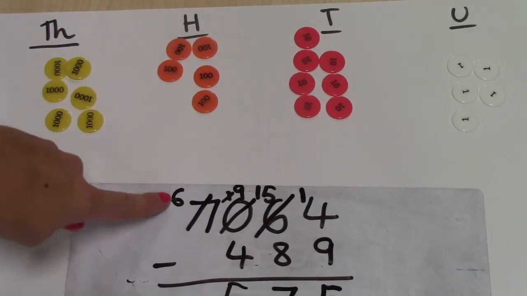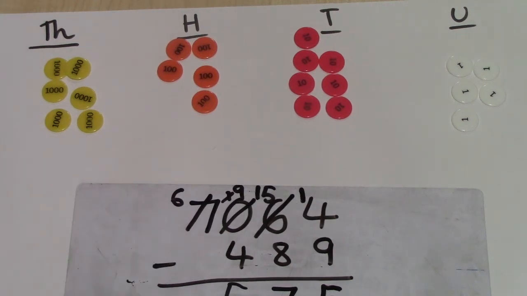And I've still got 6,000. I don't need to take away any thousands, so my answer is 6,575. Now if I add back in 489, I should reach my total 7,064, and the children can use the place value counters to show that.